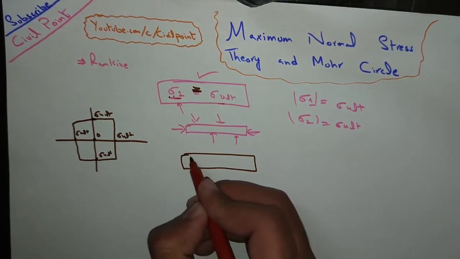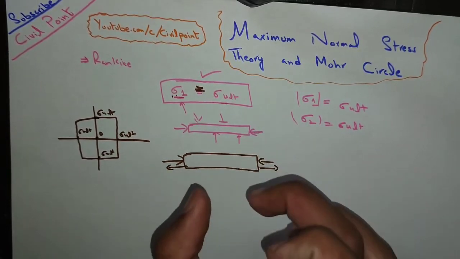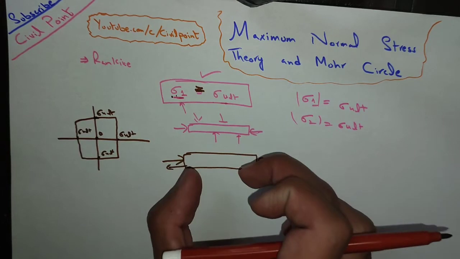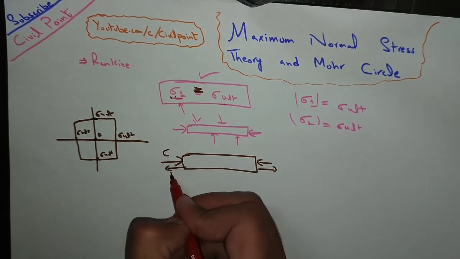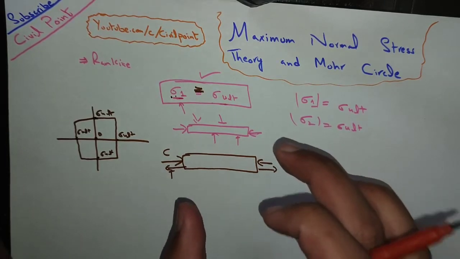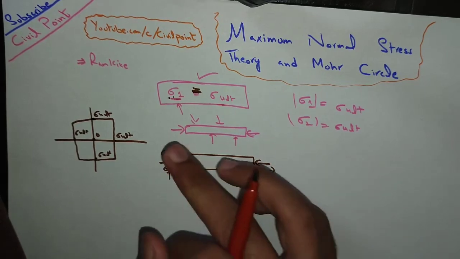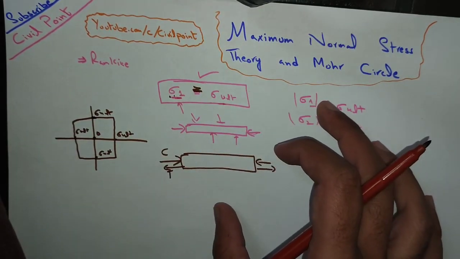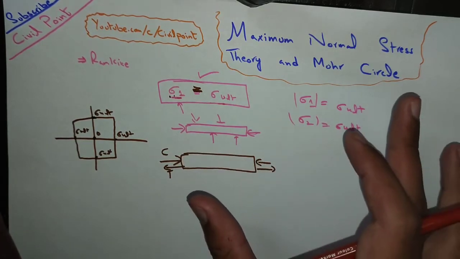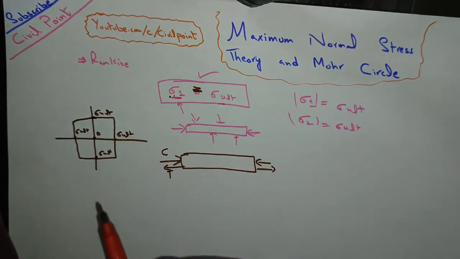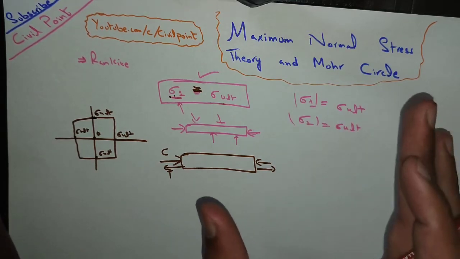I mean, if this is a material, and this is a compression force and this is a tension force, if this material behaves the same in both cases, compression and tension, this theory will be perfectly applicable for this material. It can also be observed that the Rankine and the Tresca theory, which we studied in our previous lecture, give the same results in the first and third quadrant. So this was a brief study about the maximum normal stress theory.